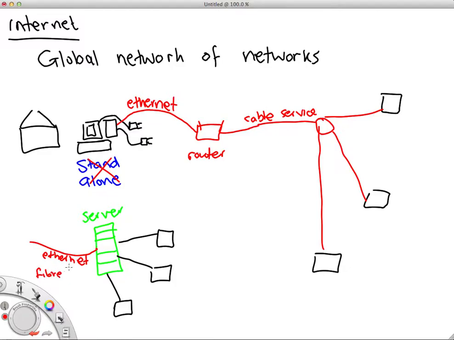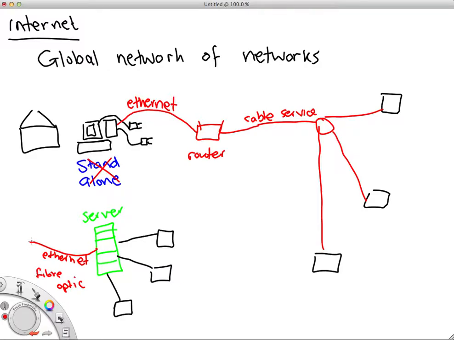Now, don't worry too much about what these terms mean. We could say that Ethernet is literally just a cable that comes out of your computer or server and goes into a port. And fiber optic is the same, but it allows data to be transmitted faster through that cable.